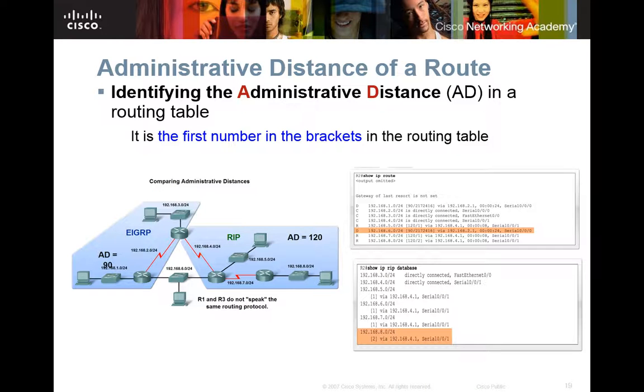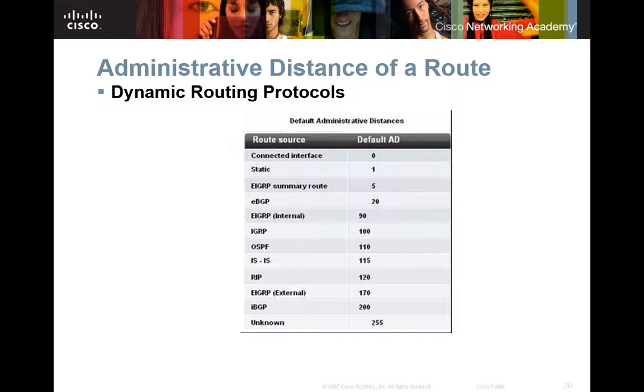The first number in the brackets that you saw on the routing table is what we call the administrative distance. Here are some of the administrative distances. If it is a static, it will be 1. If it's just a connected one, it'll be a 0. For an EIGRP summary route, you'll see 5. So if you're looking at it, it'll tell you automatically what kind of route this is.